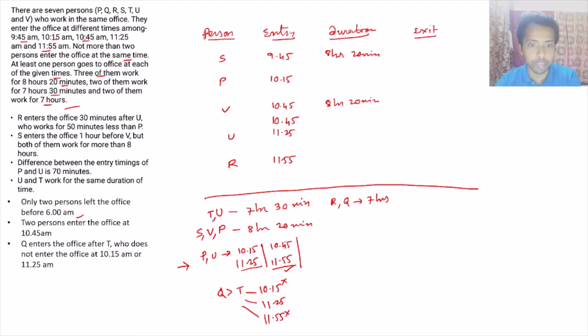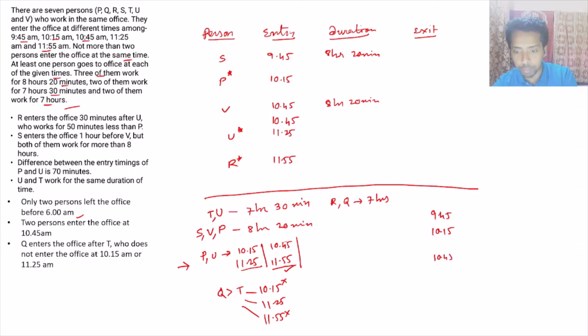Now it can be that S is here, but for P's condition, just make this a star. U, we can just replace this, that is U is here and P is here. Then with respect to U is 10:15, then R is at 10:45, but we will check this later, or just make this here in short notation 10:15.